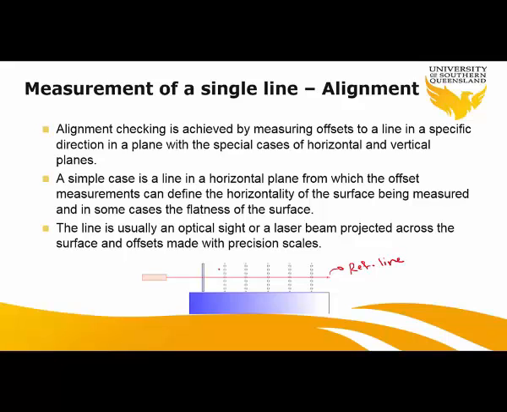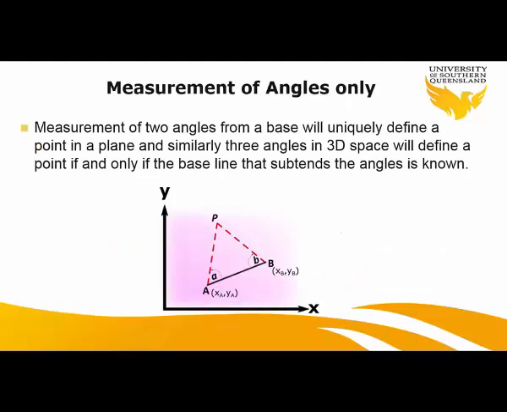And then we measure the distance from the plane or the surface to this line using precision scales. So we measure the offsets at an interval of, I don't know, 10 meters, 5 meters, depends. This gives you the opportunity to measure the horizontality of the surface, or in some cases the flatness of the surface.